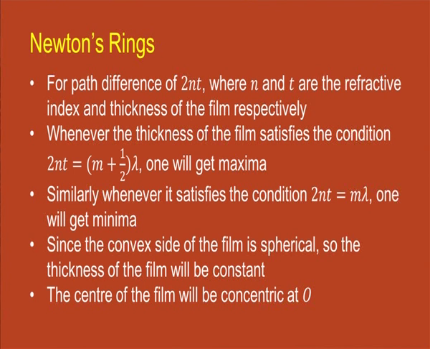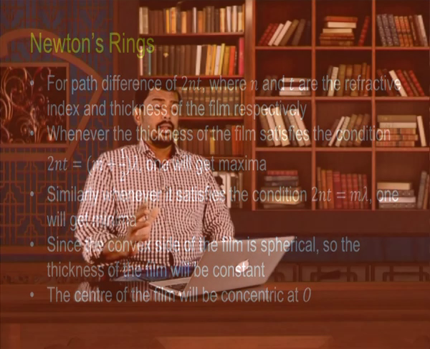Since the convex side of the film is spherical, the thickness of the film will be constant along circles, so the fringes will be concentric rings with the center at the point O. Now, the radius of the rings can be found in the following way.